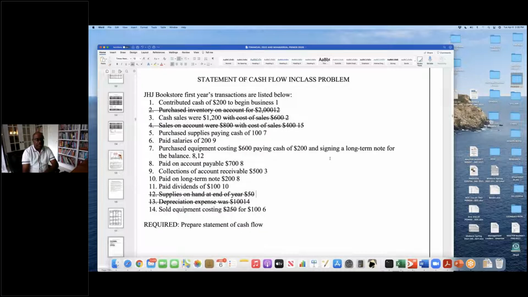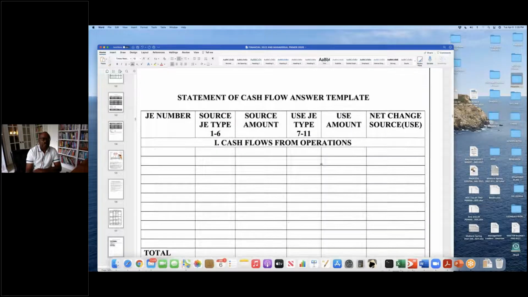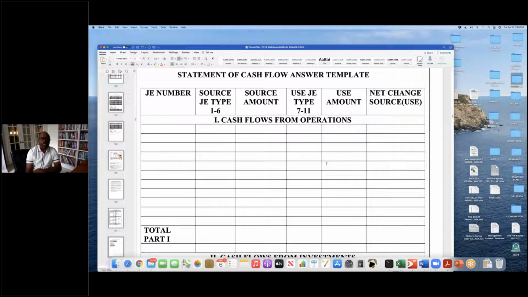Okay, so let's see if we can do a statement of cash flow with this example. And for your convenience, so you all won't have to work too hard, I got the statement of cash flow answer template.